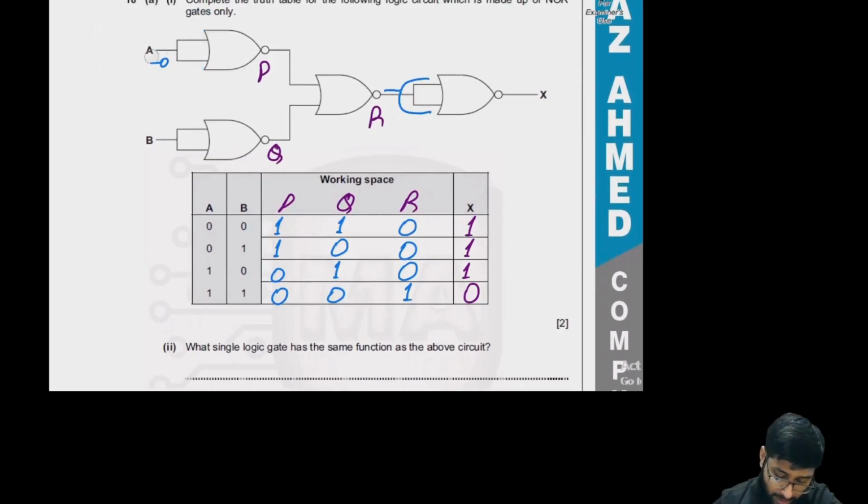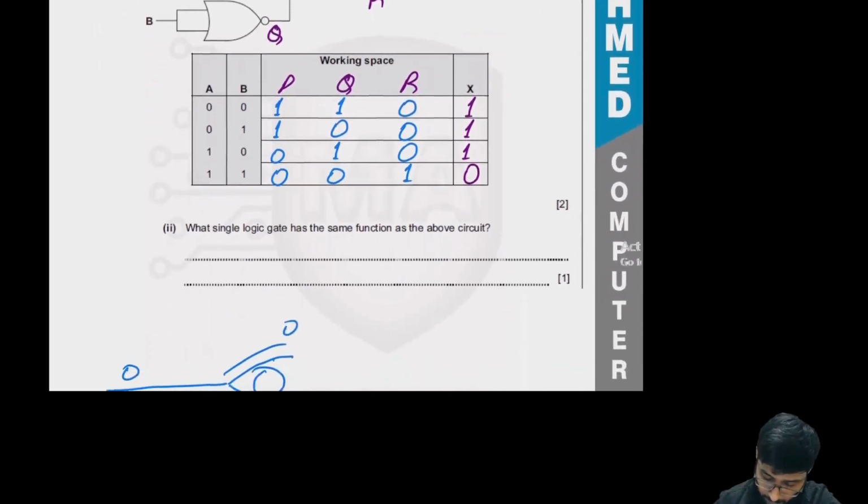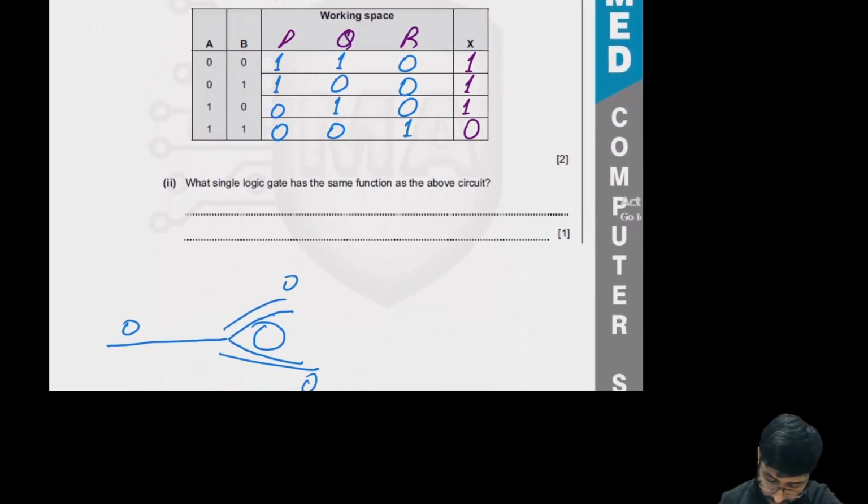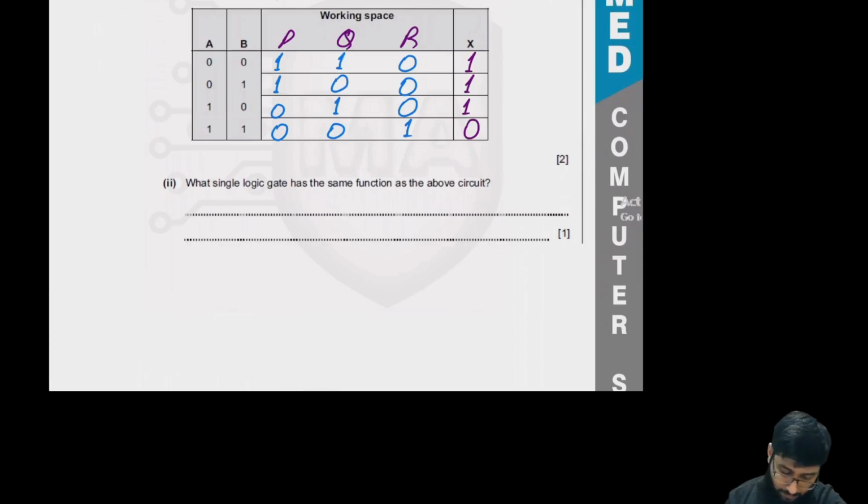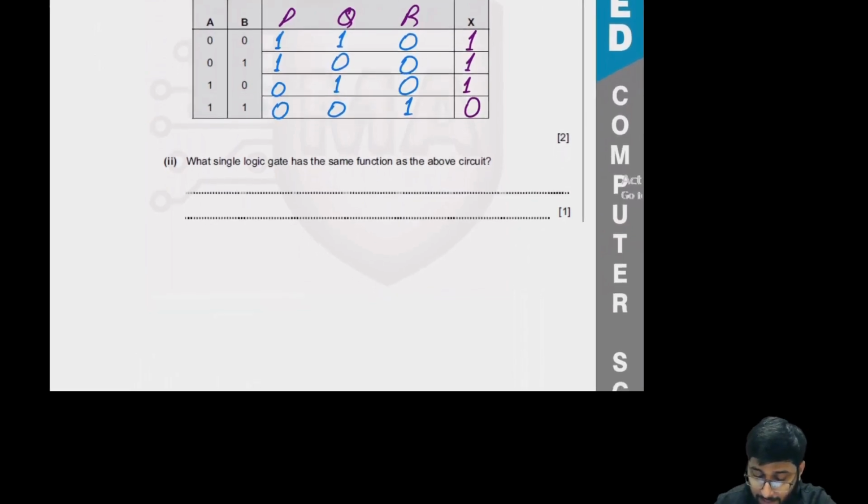Okay. Now what they are asking further on, in the second part, the question says: what single logic gate has the same function as the above circuit?